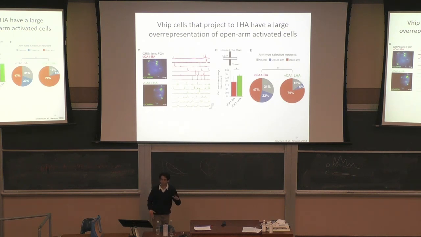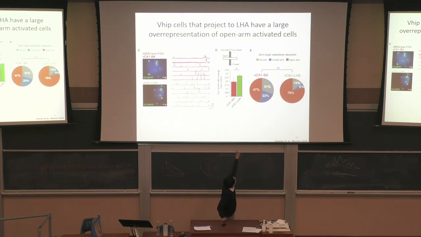And that's cool because, again, the optogenetics results showed that the projection to hypothalamus was important for anxiety and the projection to amygdala was not. And here we see that cells that project to hypothalamus represent the open arms more strongly than cells that project to amygdala. So nice convergence between the optogenetic results and the neural activity.